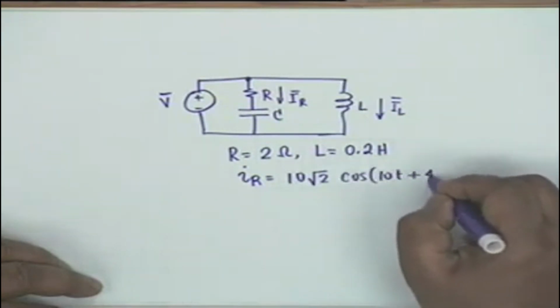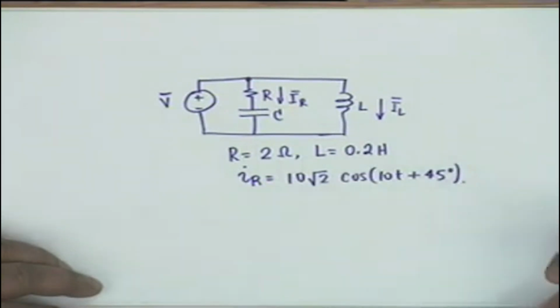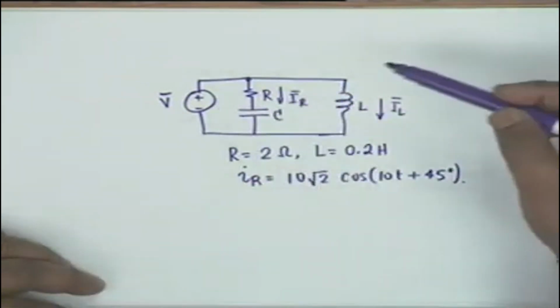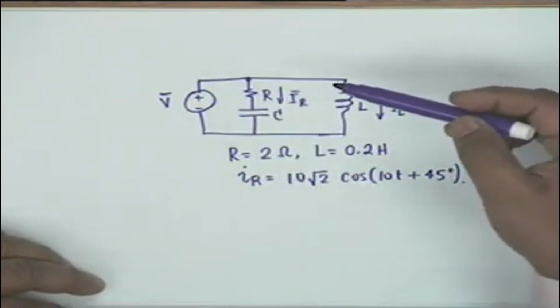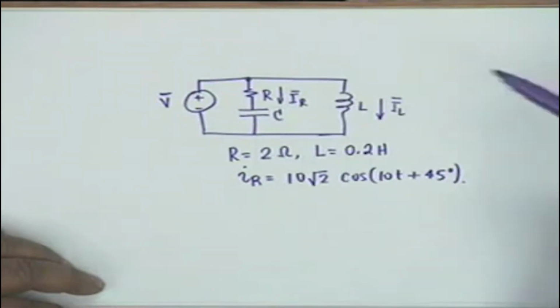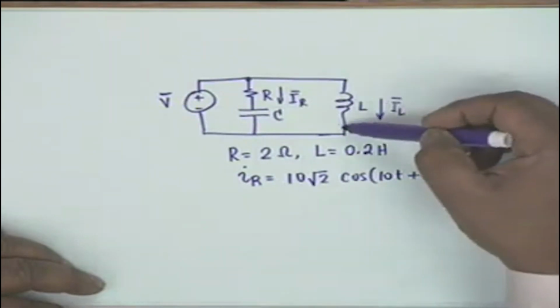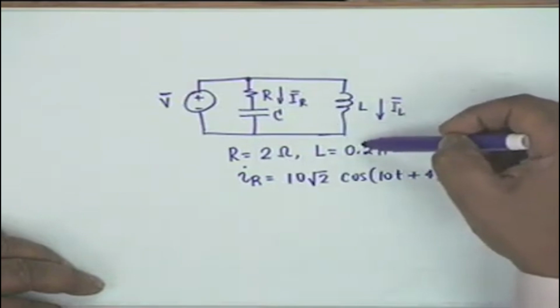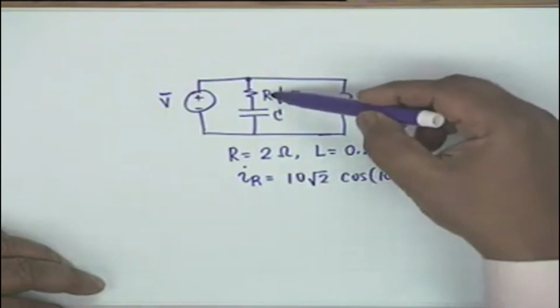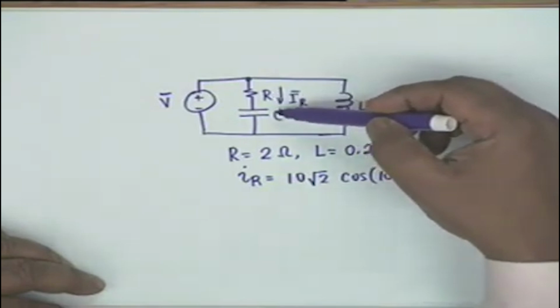This is what is given. Is that clear? A voltage source is connected across a parallel combination of two branches. One consists of an inductor L, value 0.2 Henry, and the other consists of a resistance and a capacitor in series, resistance 2 ohms, the capacitor is not known.